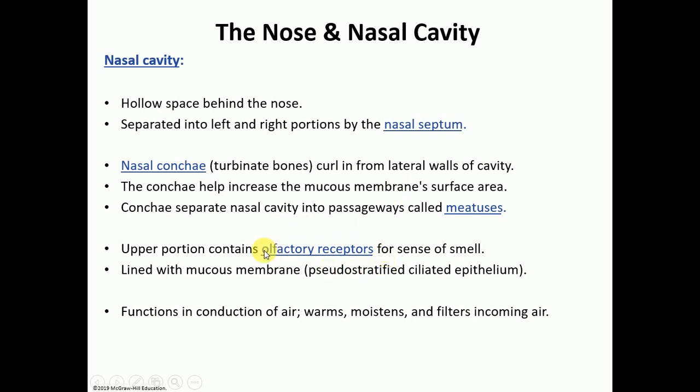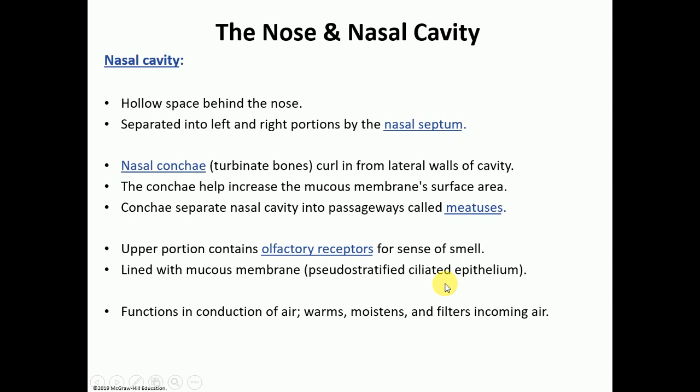The upper portion, that's where you'll find the olfactory receptors. So when we were talking about special senses, we said that the olfactory receptors, which again were chemoreceptors, are found all the way up on the top portion of the nose. The whole nose is lined with pseudostratified ciliated epithelium, which is a mucous membrane, so it makes mucus in order to trap some of the germs and particles trying to come in.